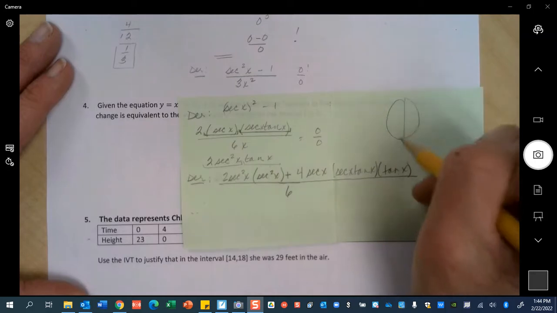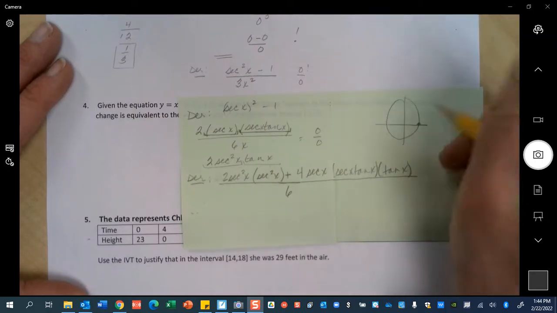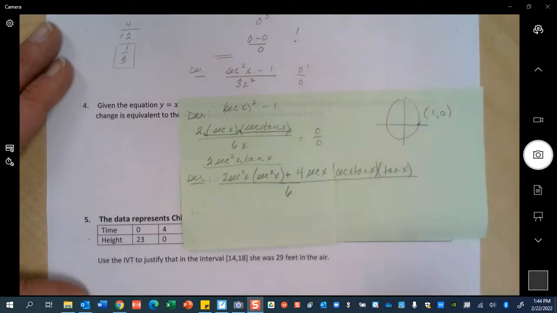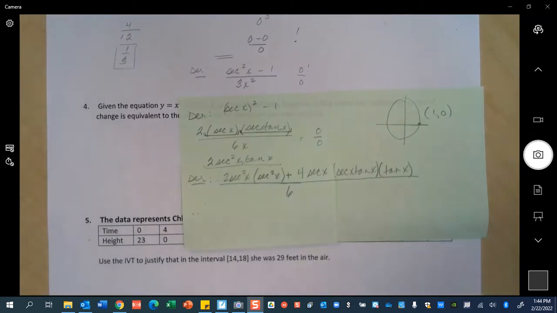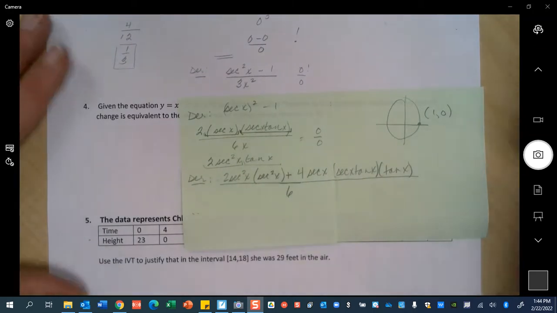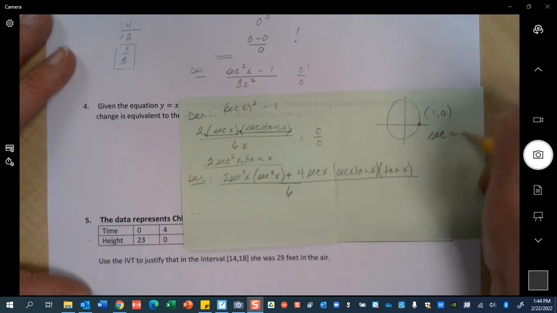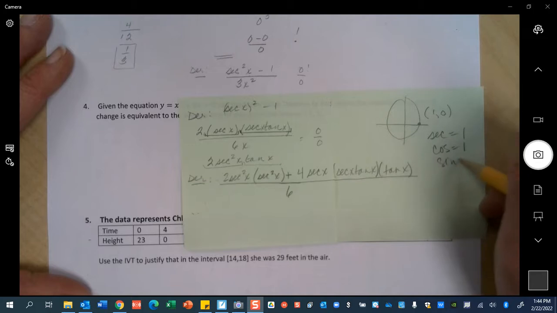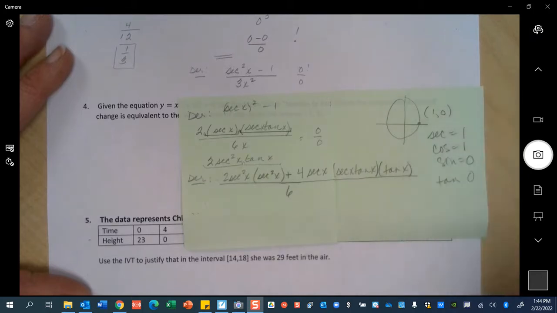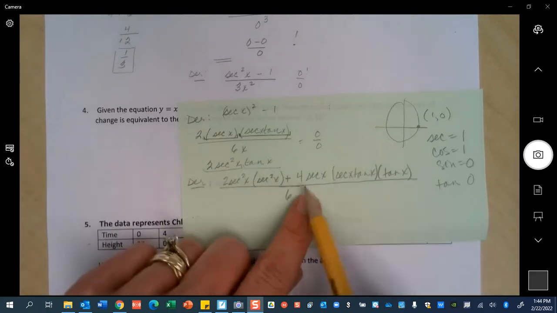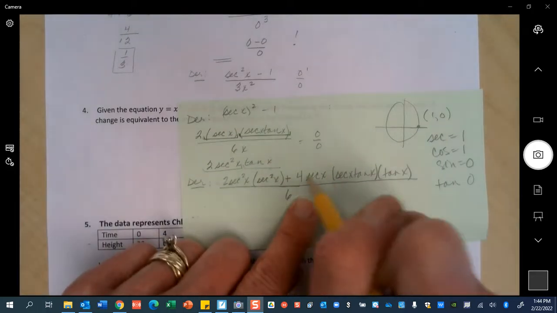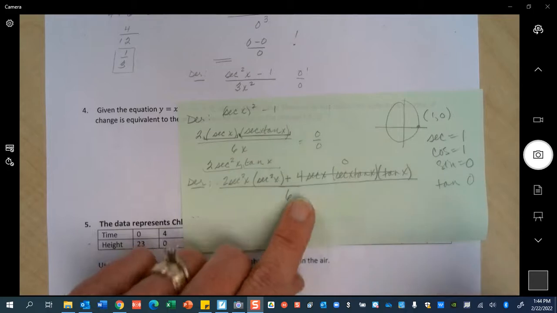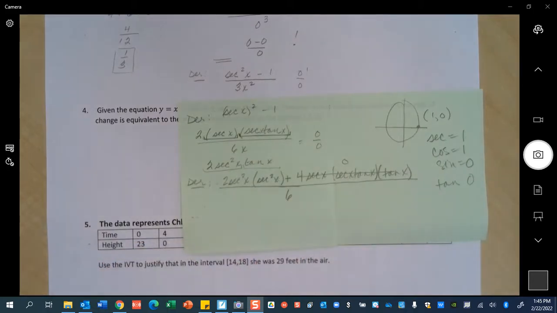X has a value of 0, which means its ordered pair is over 1 up 0. So its secant is equal to 1 because its cosine is equal to 1. Its sine is equal to 0, which means its tangent is equal to 0. So anything that's times the tangent, bye-bye. You okay with that being so fast? Yeah.